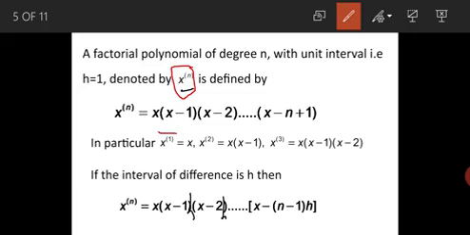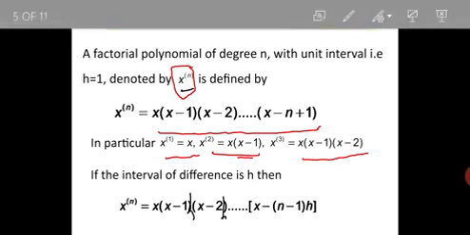It is defined here: x, x minus 1, x minus 2, dot up to. In particular, if n equals 1, then x will be there. If n equals 2, x factorial 2 is written as x into x minus 1. If x factorial 3 is there, then 3 terms will be there: x, x minus 1, x minus 2. Like this it goes on.